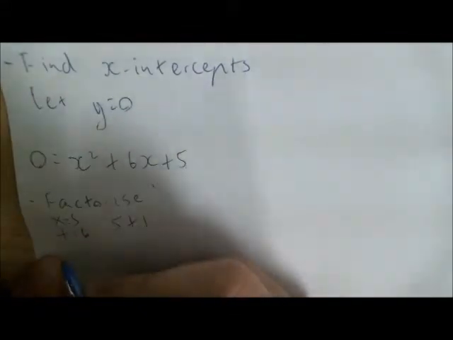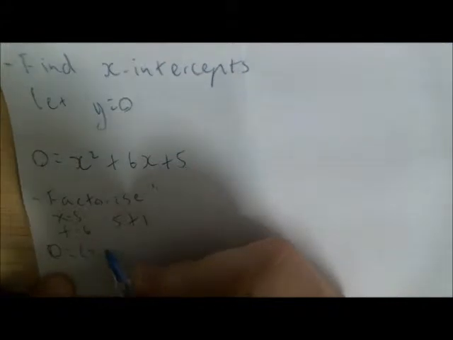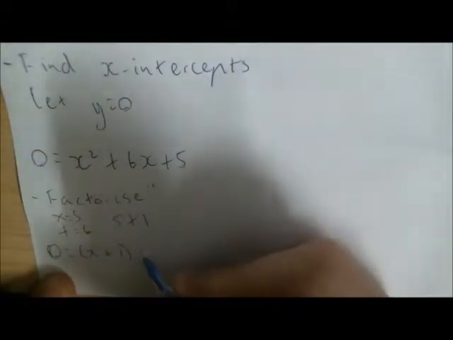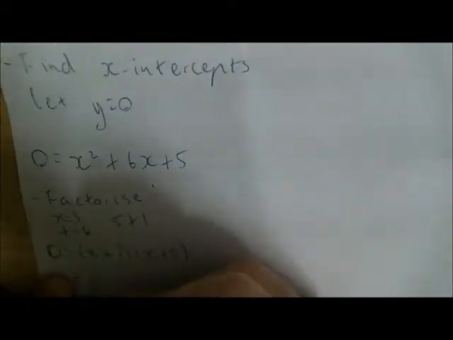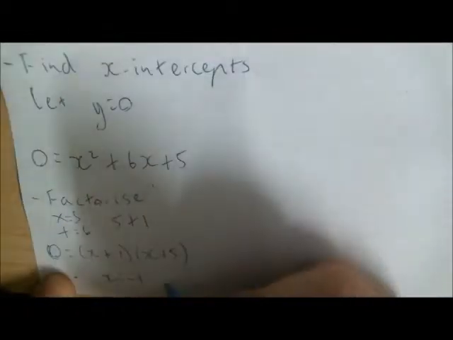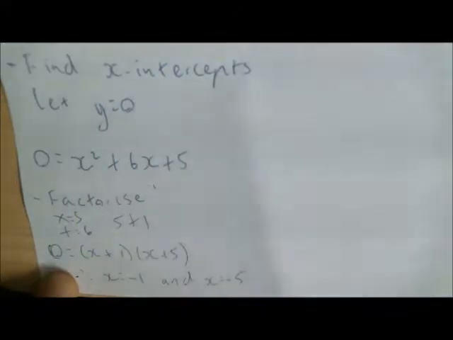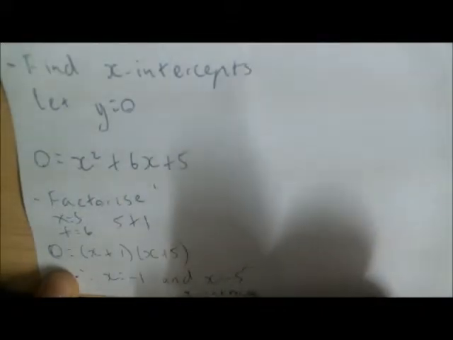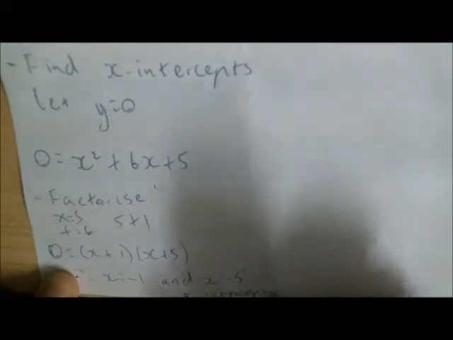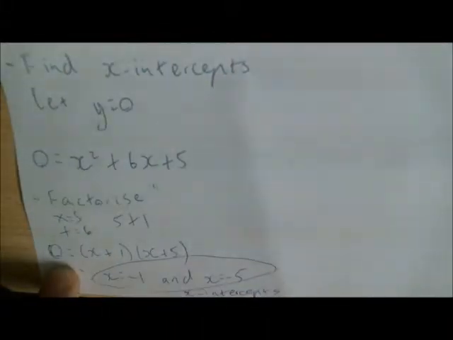So this will factorise into (x plus 1)(x plus 5). Therefore, x is equal to -1 and x is equal to -5. These are my x-intercepts. Alright, now we have the information we need.